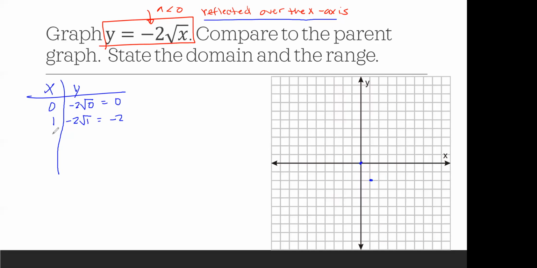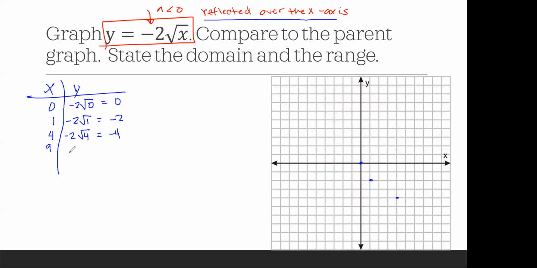Okay, so I'm going to plug in 4. And the reason I'm plugging in 4 is because 4 is a perfect square. I'll get an exact value here. So the square root of 4 is 2, and 2 times -2 is -4. So that's 1, 2, 3, 4, and then down 1, 2, 3, 4. And I'll do one more.